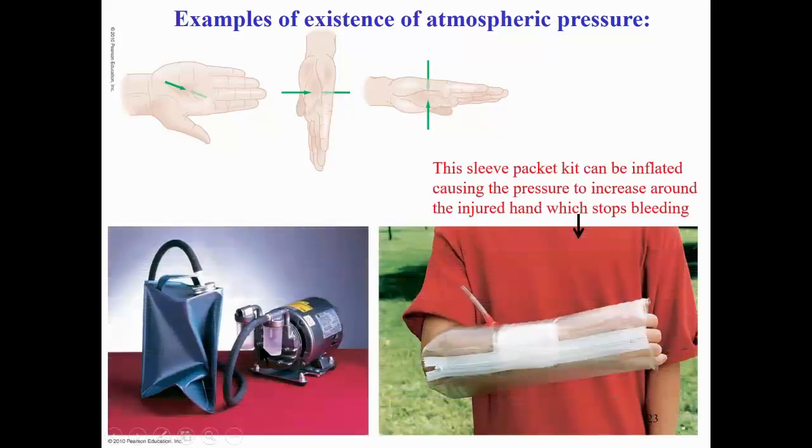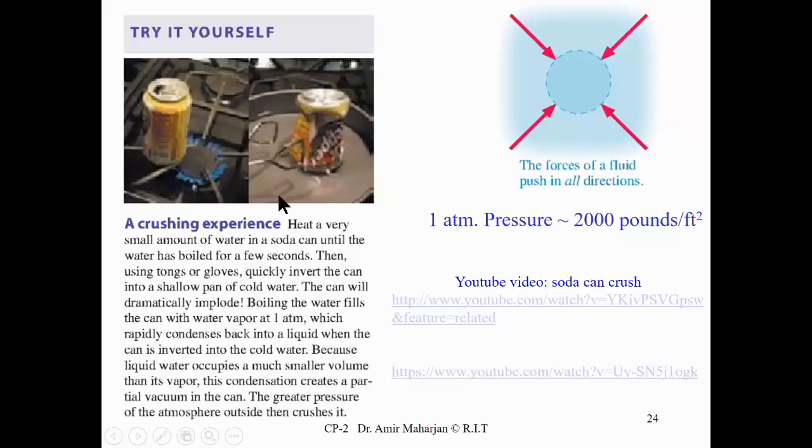Here's another example of the existence of atmospheric pressure. You can reduce the pressure inside this can by using a vacuum pump, and if you keep reducing the pressure, at some point the can will implode. And here's an example in medical use. This splint packet kit can be inflated, causing the pressure to increase around the injured hand, which stops bleeding. And here's a very popular demonstration of atmospheric pressure.